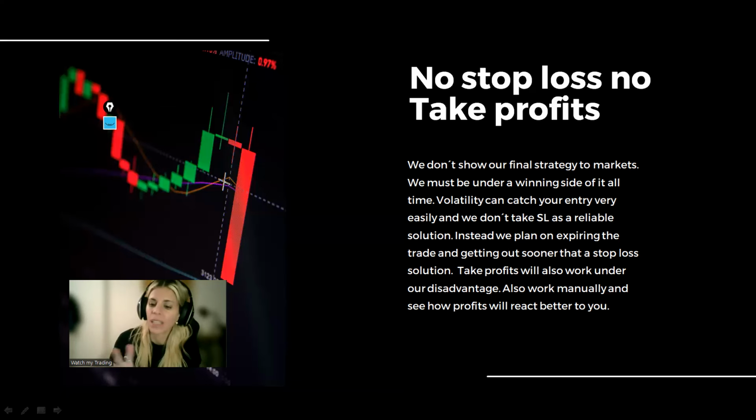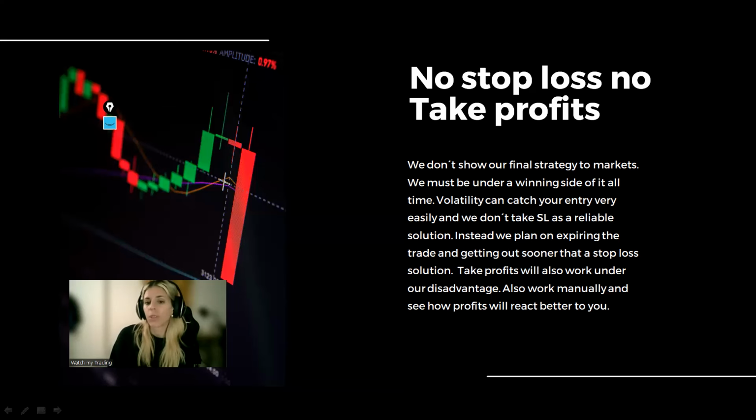When the entry takes over 5 minutes, you're exposing yourself too much to the markets, so you just place it way above, way below, just in case. But it's not something where we place the stop loss 10 pips above or below, 5 pips, or 3 pips. We just don't do that.